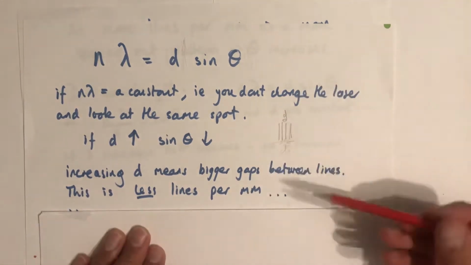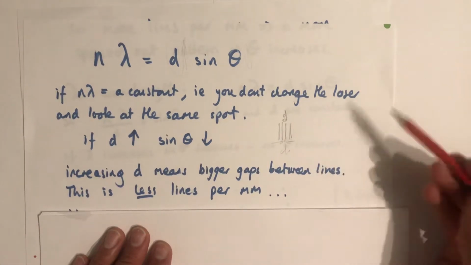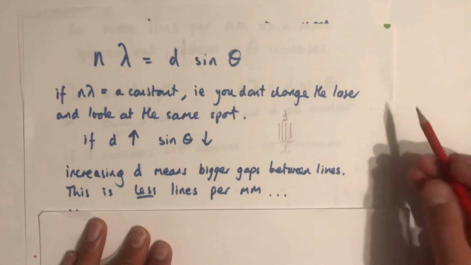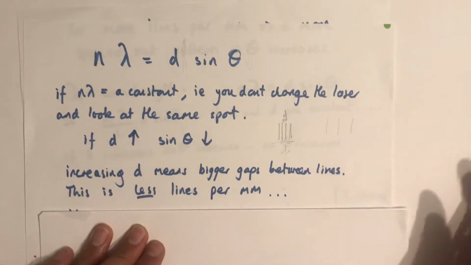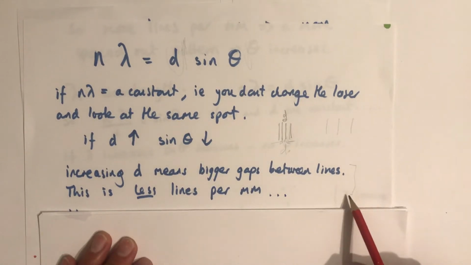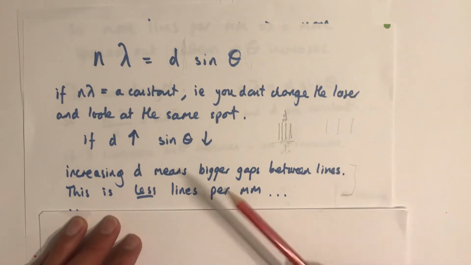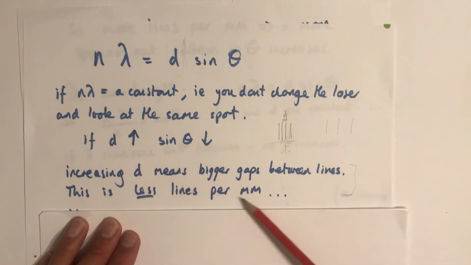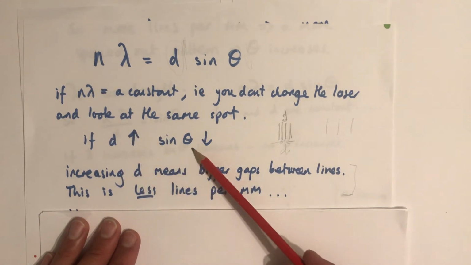That's d. Now, if d gets bigger, you have fewer lines per millimetre. If you space these apart, then in any given length you'll have fewer. This is an important point, the inverse relationship between d and the number of lines per millimetre. So if your d goes up, you've got fewer lines per millimetre, and the angle will go down.